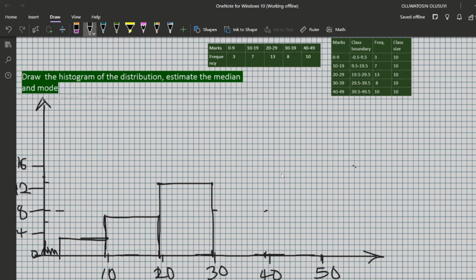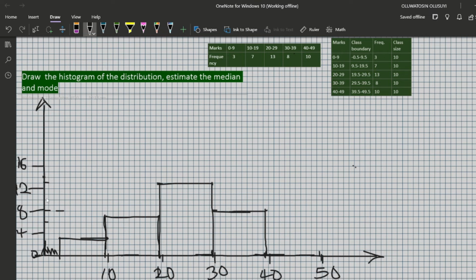So what do I have here? 8. We have 39.5. And the last one we have is 10. 10, 39.5 to 59.5.